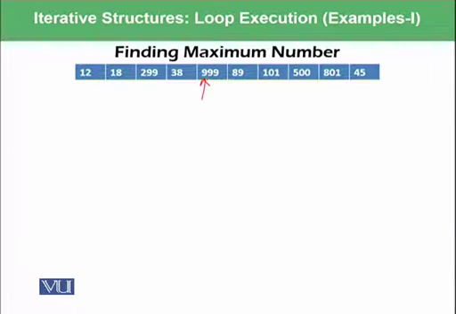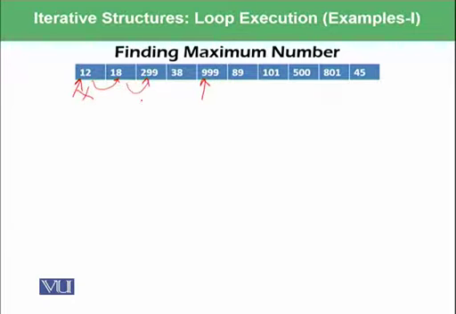And what was the procedure? Your mind actually followed a specific procedure, as follows. First of all, your mind took this 12 and compared it with 18, and when it found 18 as a bigger value than 12, it left 12 and kept 18 in the mind.